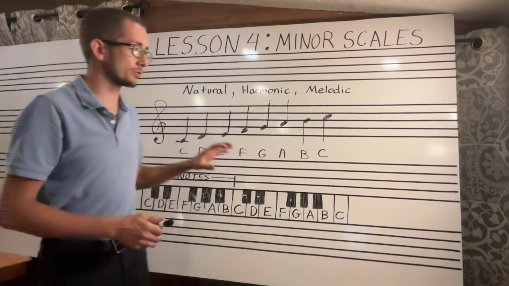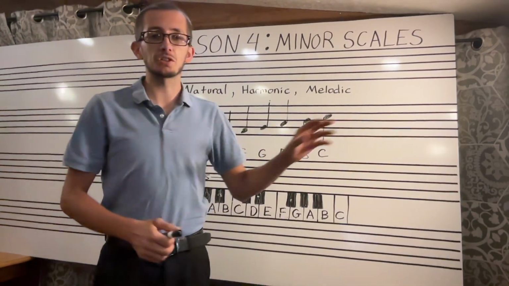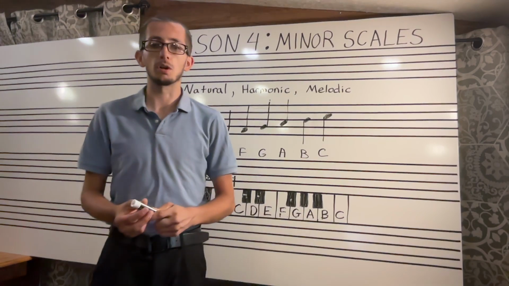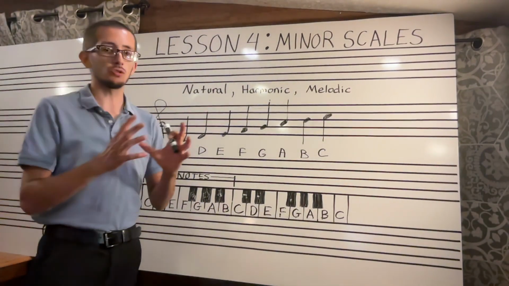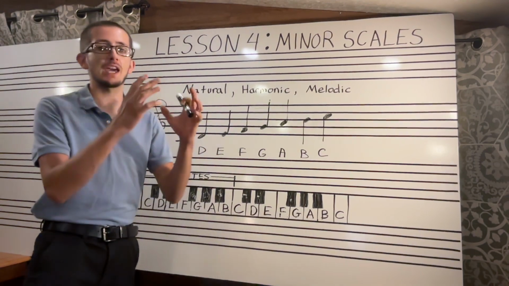And so we can use the major and minor scales to construct chords. But first of all, we need to talk about how to build the major scale and the minor scales.